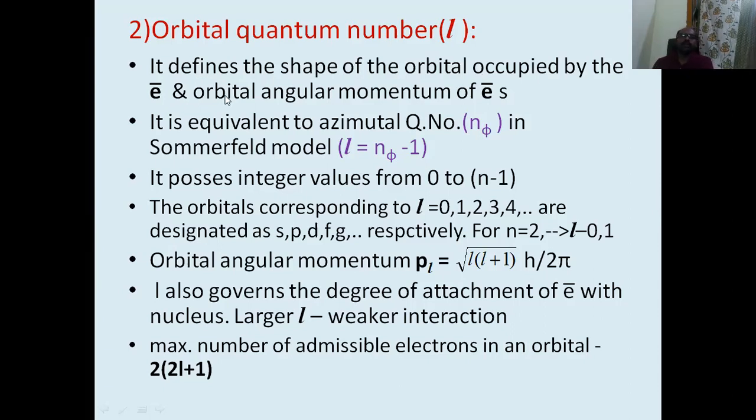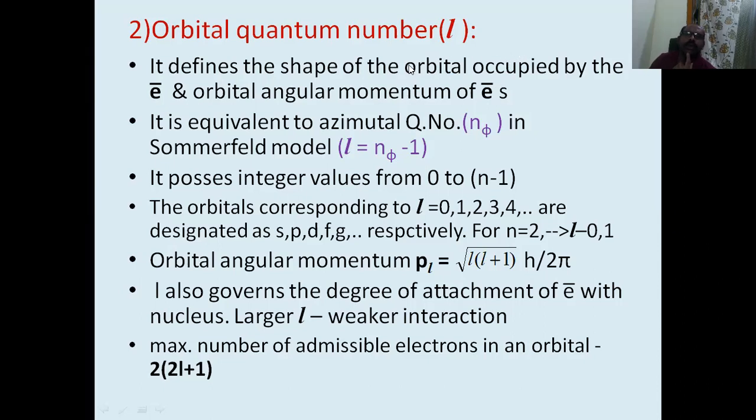We have studied in the Sommerfeld model that in the first orbit there is only one subshell, in the second orbit there are two subshells, in the third orbit there are three subshells, just like that. So it defines the shape of the orbital also.